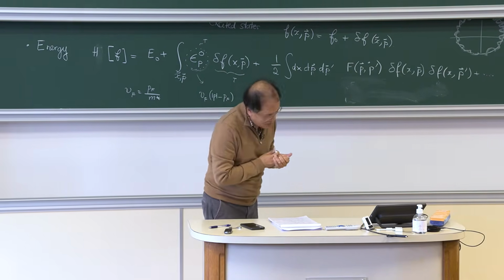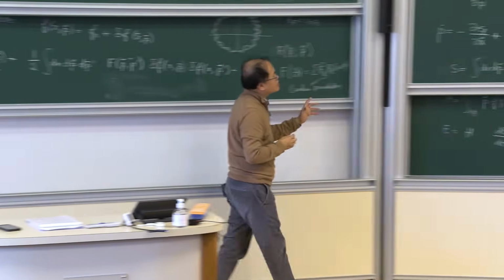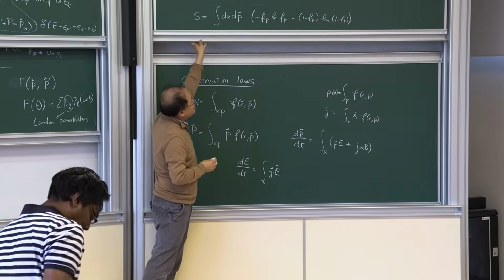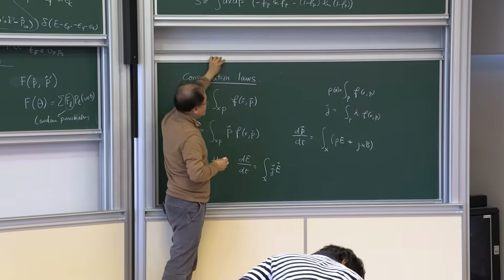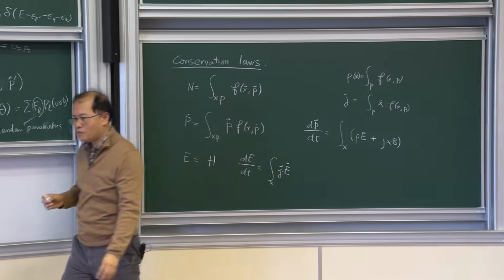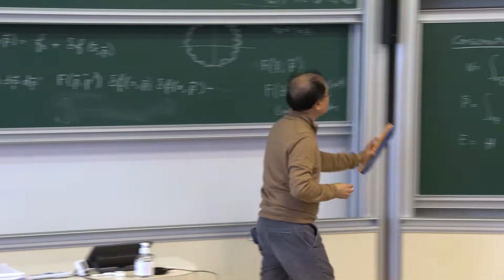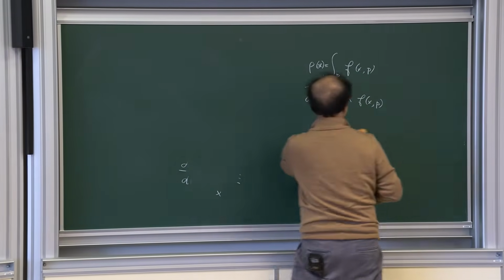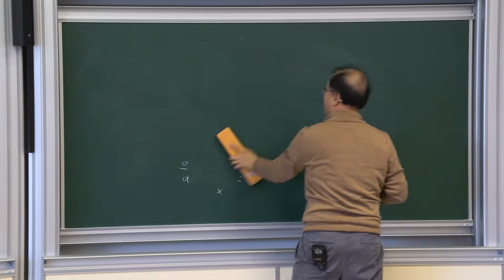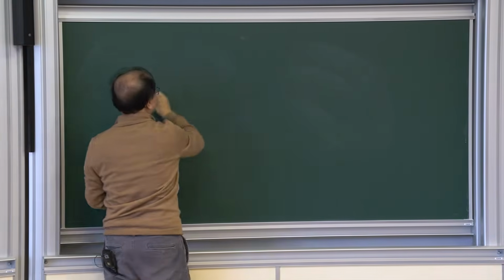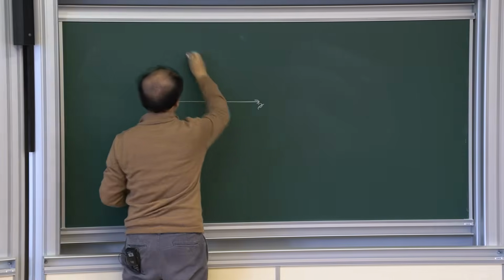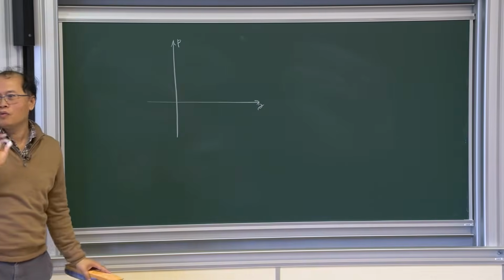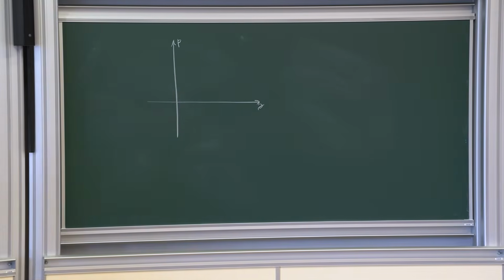So what do I want to say? The sharpness of the Fermi surface, the shape of the Fermi surface, will depend on x. So if I would draw a Fermi surface, let's assume I have one axis corresponding to x and one axis corresponding to p. Let's imagine just a one-dimensional Fermi liquid.